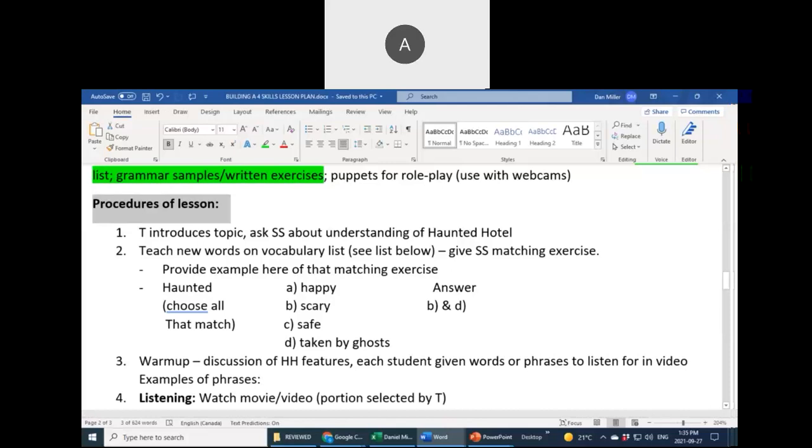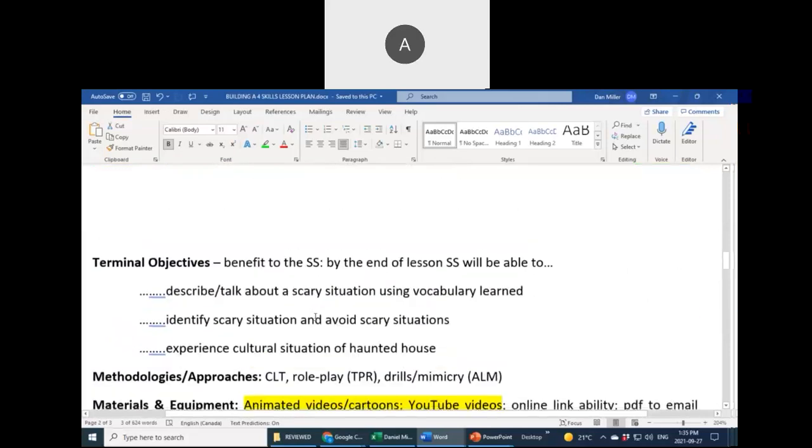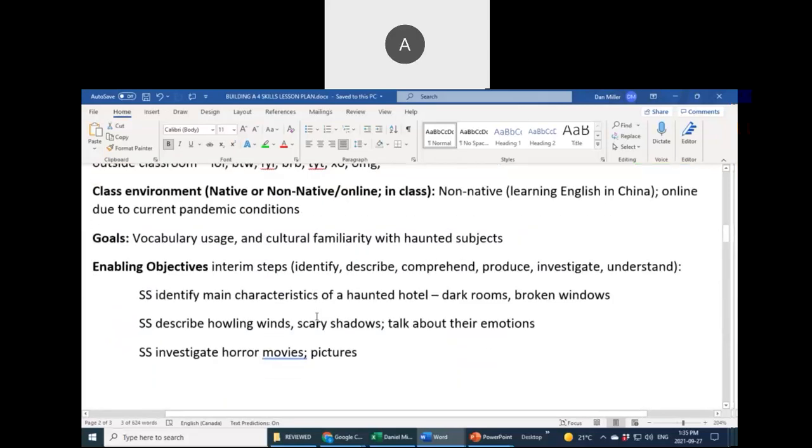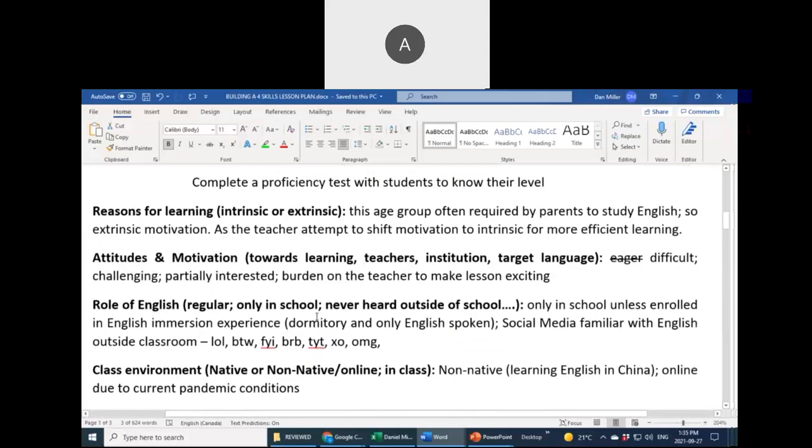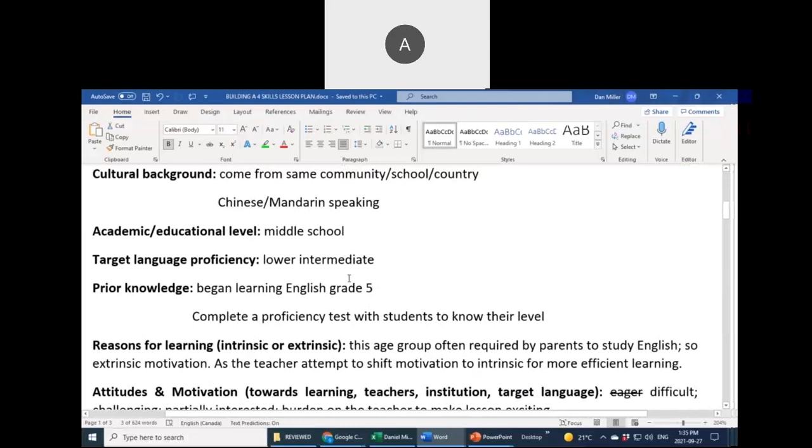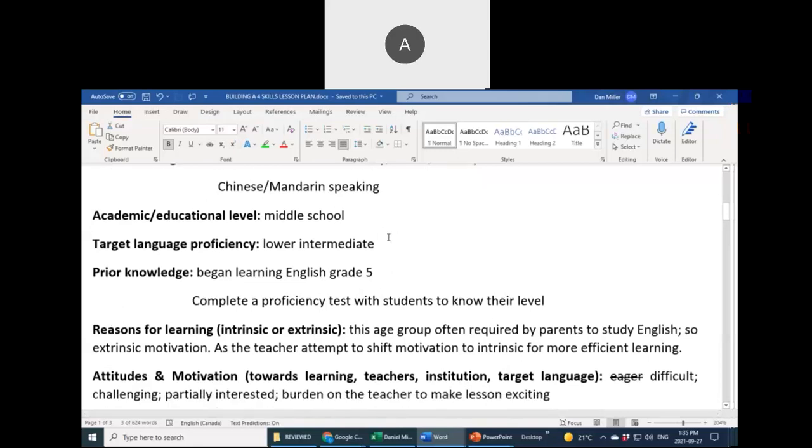And in our particular example, where's my cursor going? I lost my cursor there for a moment. In our particular example here, we have said that these are lower intermediate students, middle school. So we're talking middle school is going to be ages 9 to 14, kind of 10 to 14 age group.